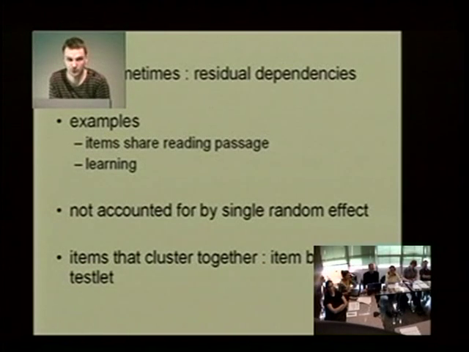The responses to the questions that pertain to the same paragraph tend to be associated more strongly than responses that come from items pertaining to different paragraphs. So items sharing a reading passage probably will show residual dependencies. Another example might be if learning takes place while you take the test. If that is the case, then a single latent trait is probably not sufficient to capture all the dependency between the responses.